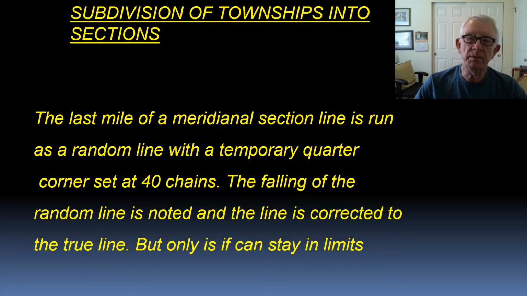If it's found to be within limits, then we're going to correct it to the proper position that it should be, but it has to stay within limits. Now, that's the 21-minute rule for section lines. So we'll come up 40 chains, and then we're going to put that error in that last half mile. That should sound familiar to you. We've talked about that before.